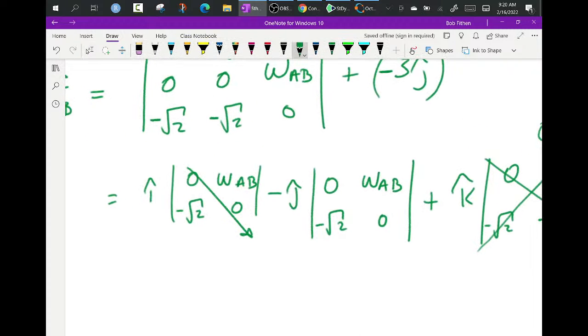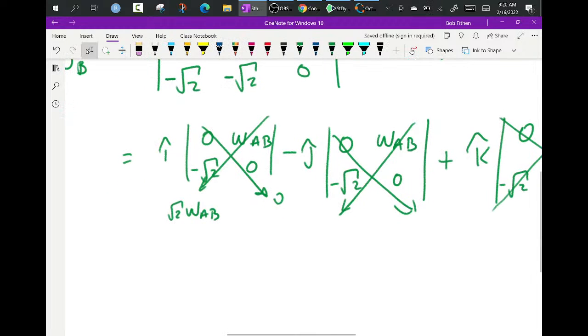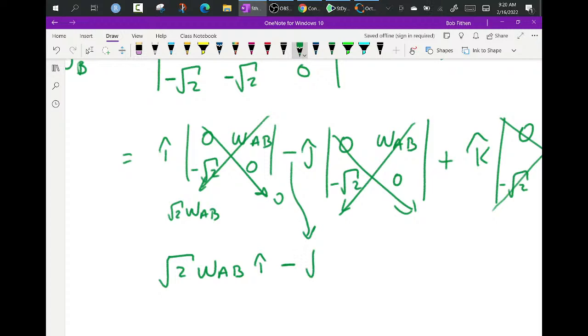This is a positive 0. This is a negative of a negative, or square root of 2 omega AB. Guess what? Same thing here. So what you get is square root of 2 omega AB I minus, the reason you have a minus is this, square root of 2 omega AB J.